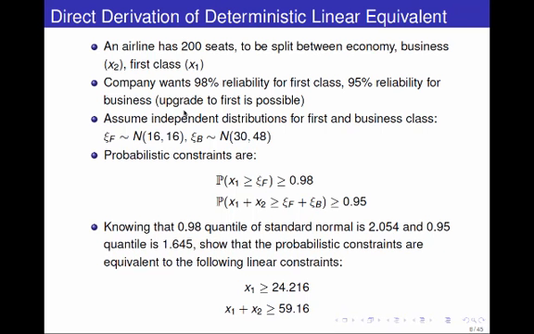This looks like a weird constraint to have in an optimization problem, but it just boils down to a linear inequality on the decision variables.